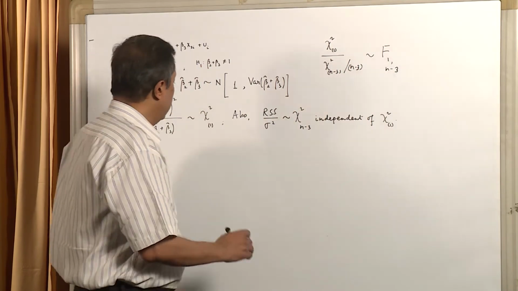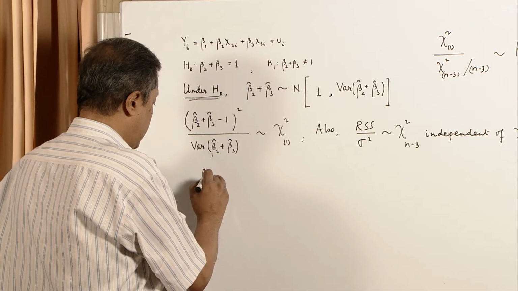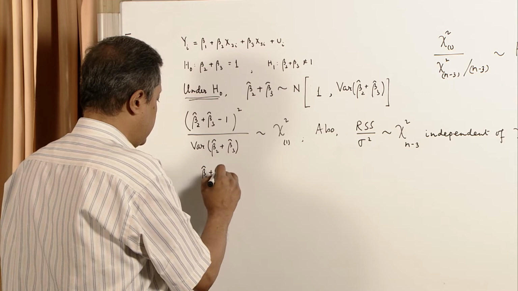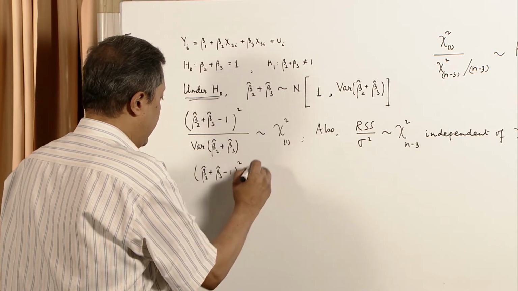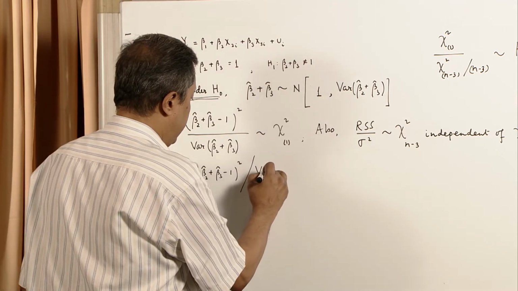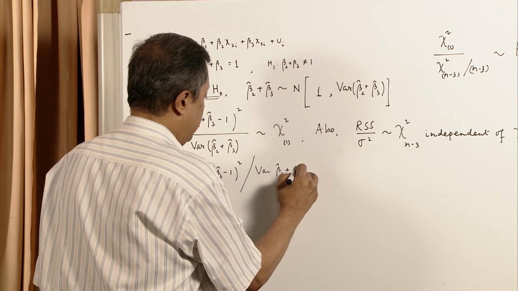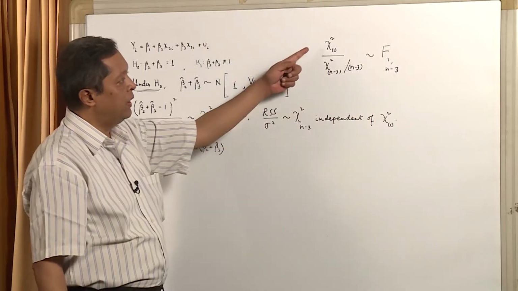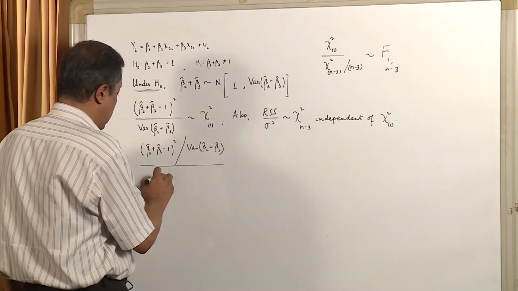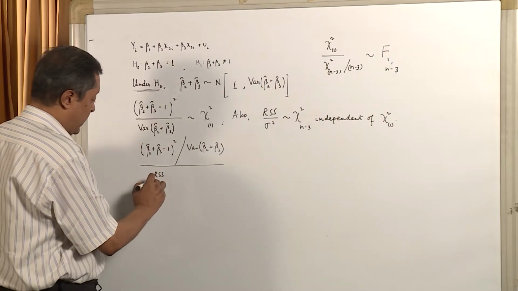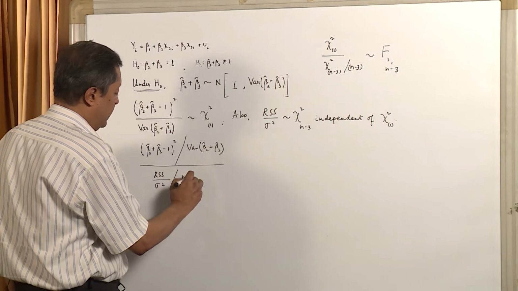And therefore, we write in terms of our test statistic beta 2 hat plus beta 3 hat minus 1 square divided by variance of beta 2 hat plus beta 3 hat, that is the chi-square in the numerator, and all this divided by RSS, residual sum of squares, divided by sigma square divided by n minus 3.